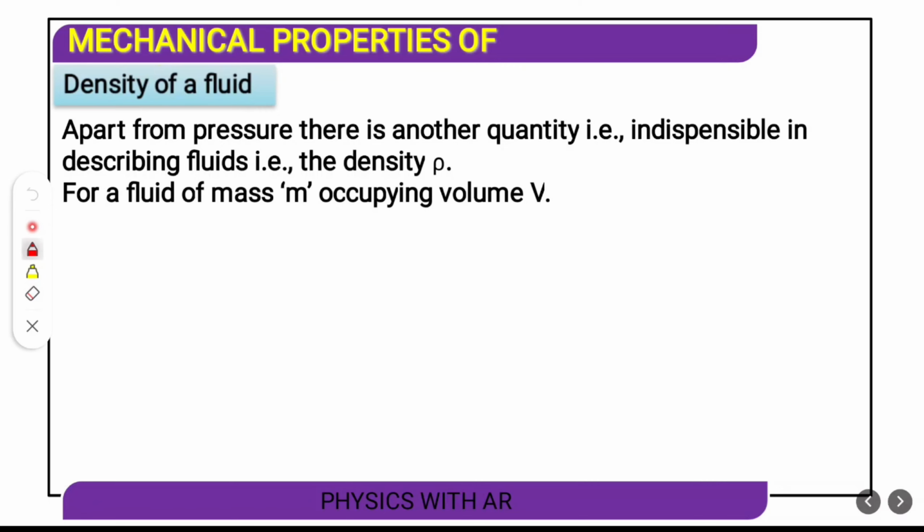Apart from pressure, there is another quantity indispensable in describing fluids, which is density. Density is denoted by rho. For a fluid of mass m occupying a volume v, density rho is equal to mass by volume, or m by v.